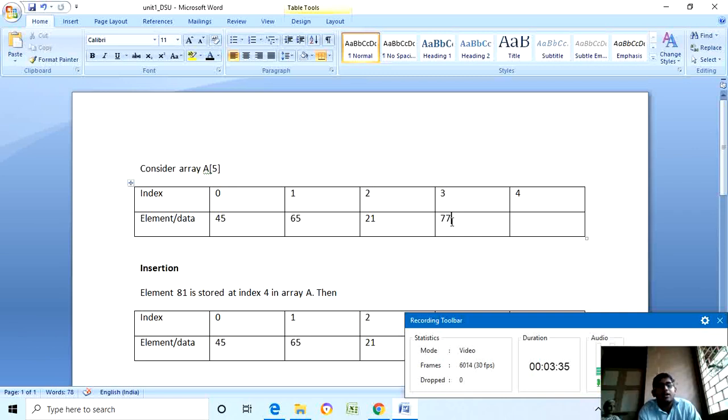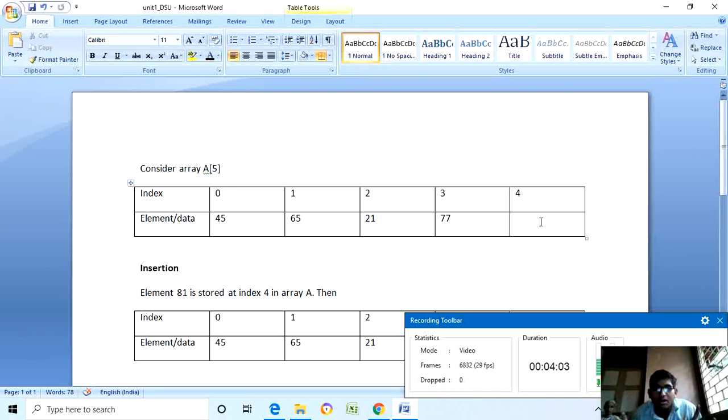Now if you want to access element 65, then you have to use index 1. You are familiar with these things. So A of 1 is nothing but 65. If A of 3 is used, then it is 77. If A of 4 is used, then the element is not present, and if it is an integer array, the default value must be 0. You are familiar with all these things.